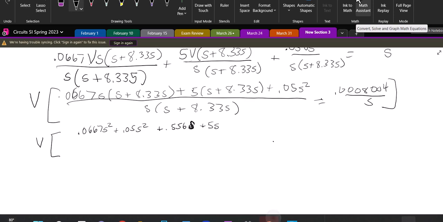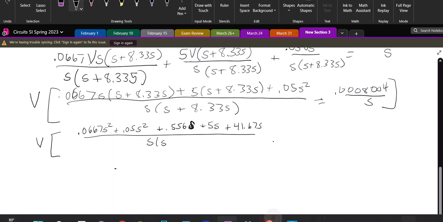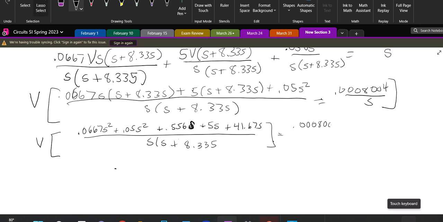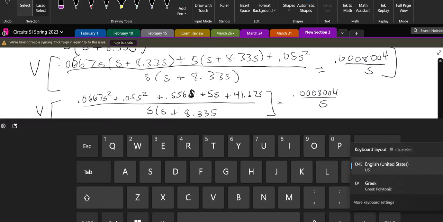And then I have a 5 times an 8.335, which is 41.675. All that over s times s plus 8.335 equals 0.008004 over s. I'm a little worried about that number. It seems awfully small.